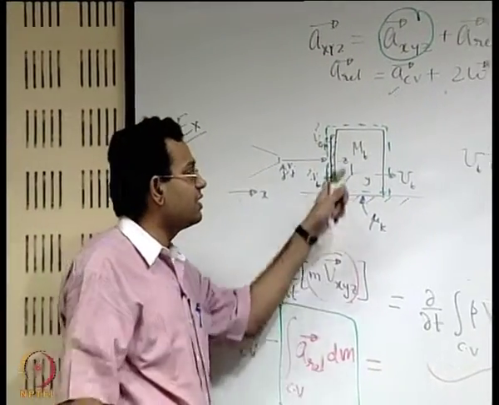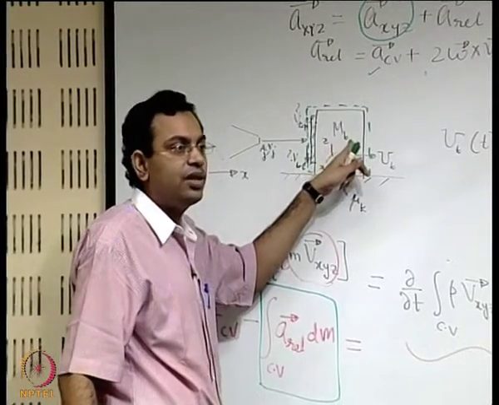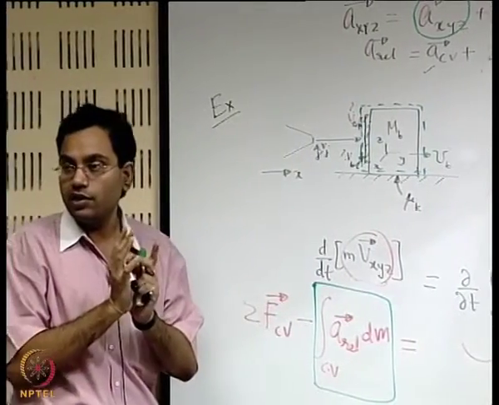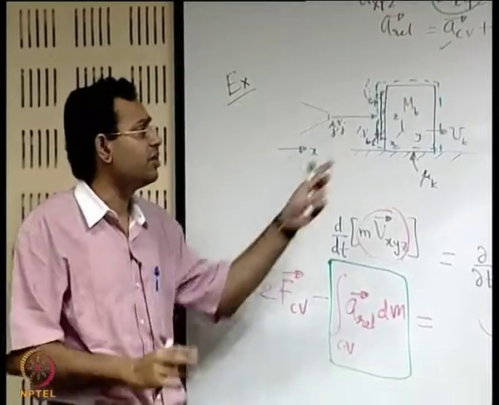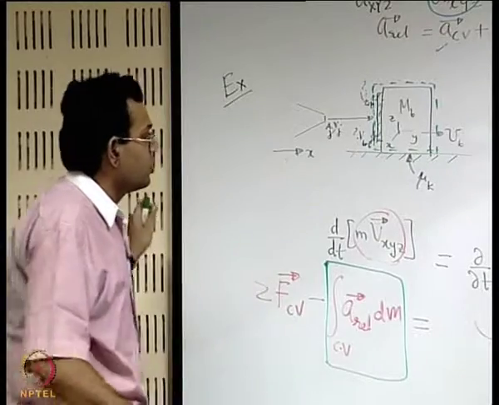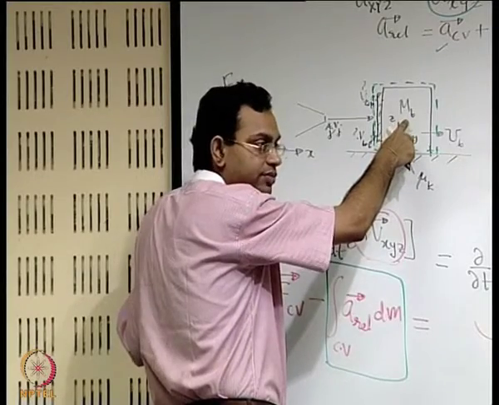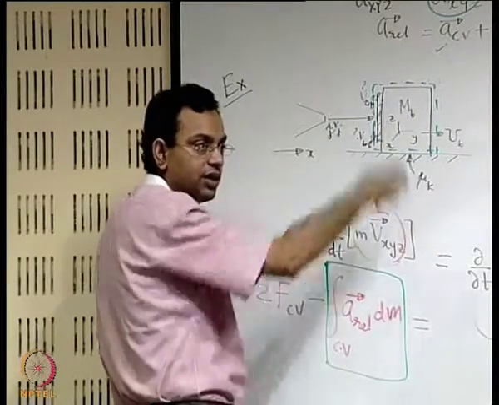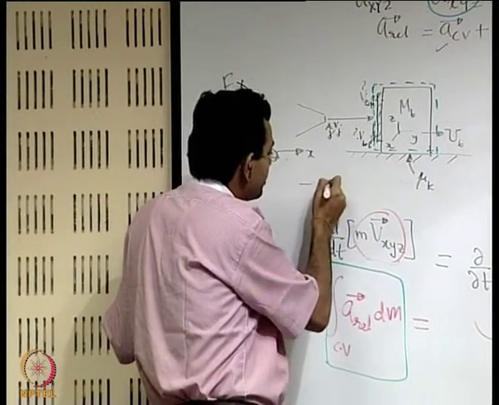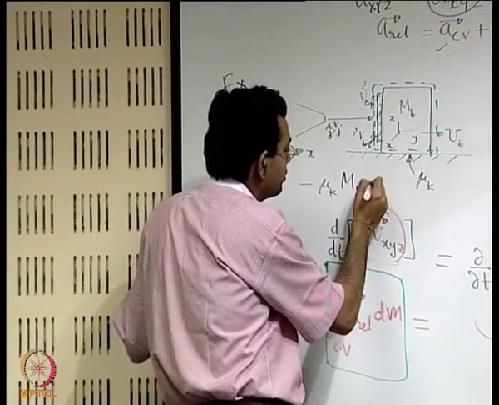Otherwise, whenever we write the total weight, it should be the weight of the water in the control volume plus the weight of the block. But we are neglecting the weight of the water in the control volume, which is a very valid assumption because it is a very small amount of water, that is very practical. So then the normal reaction will be capital MB into g because of the equilibrium along Y. So the friction force will be minus mu K into MB into g.